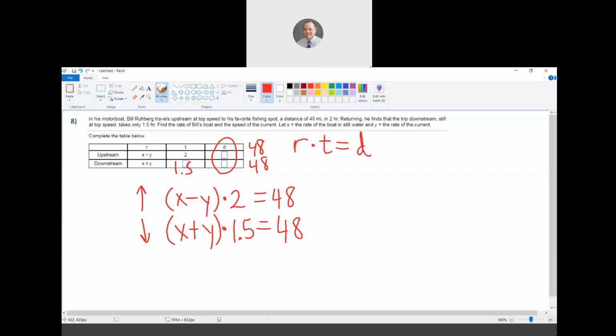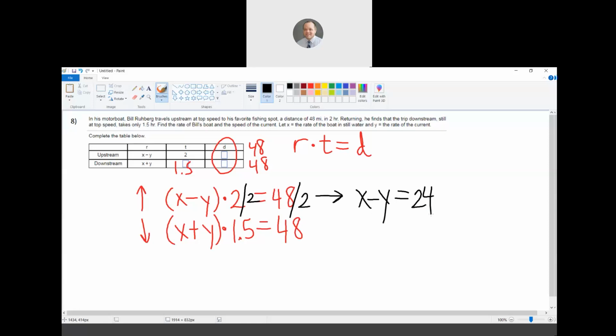To make this system a lot easier to solve, in the first equation, divide both sides by 2. Our new first equation is x minus y equal to 24. Do the same thing with the second equation.